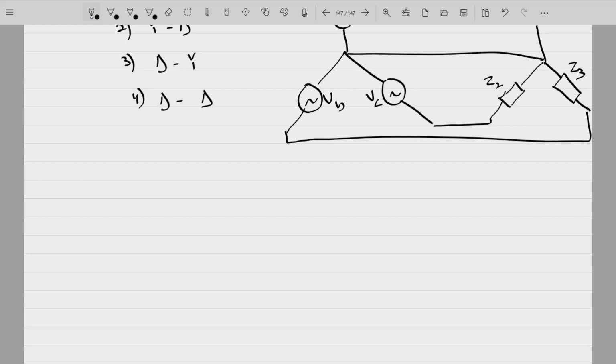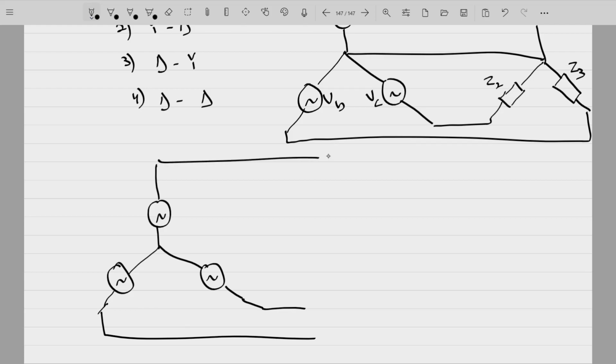Secondly, we'll be having the three-phase voltage sources in a star connection, while loads will be in a delta.